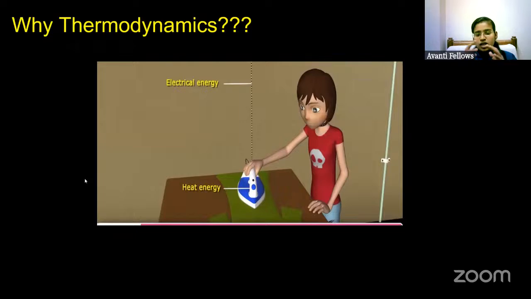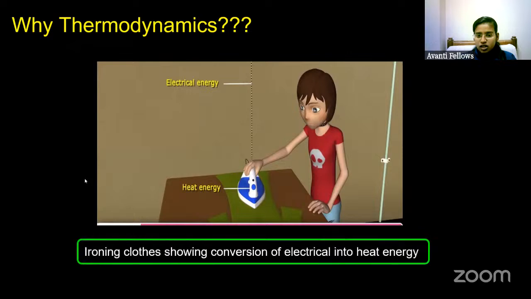So ironing clothes involves the conversion of electrical energy to heat energy. What has happened in both the cases? Some energy is transferred from one form to another. We are going to study about that transformation of energy in this entire lesson.